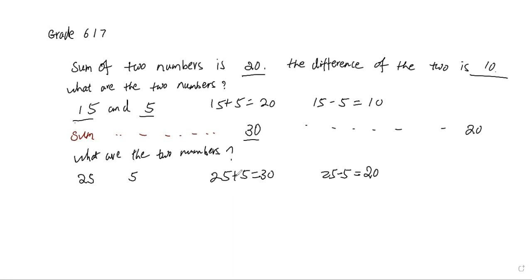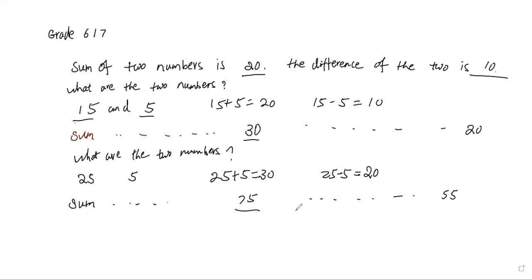So now, what if I give you any random numbers? I say the sum of the numbers is 75. The difference of the numbers is 55. So what are the two numbers? I guess for most people, it's kind of difficult to guess now, but you still can guess it.